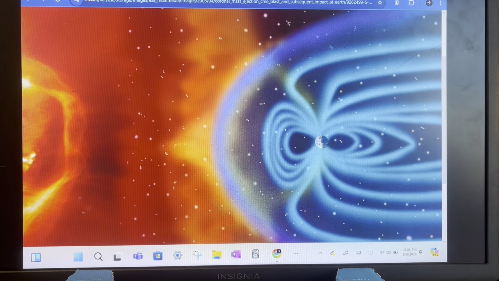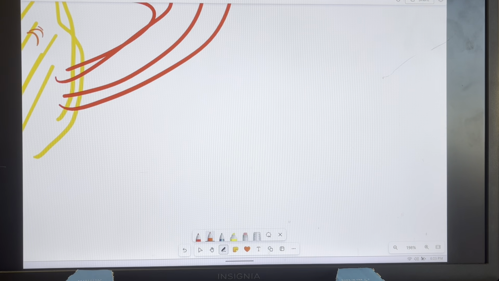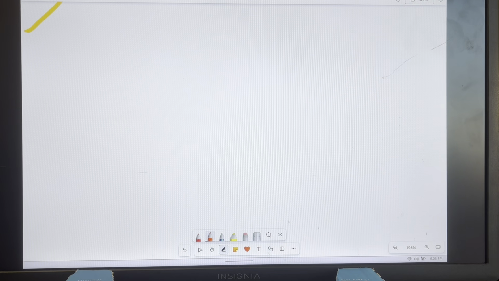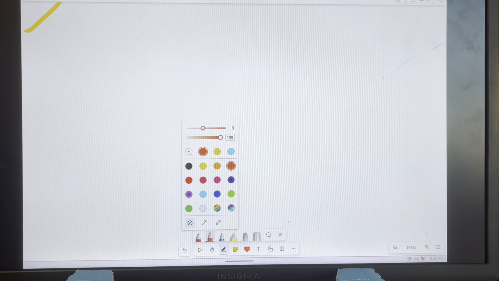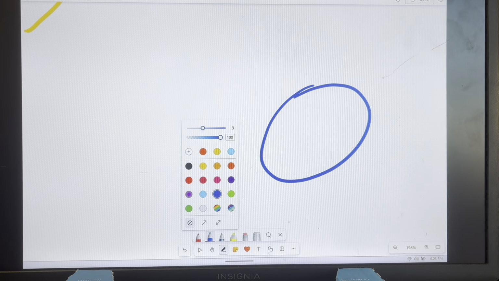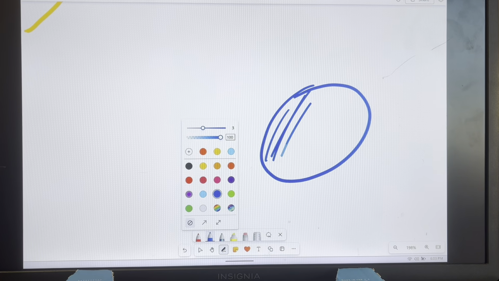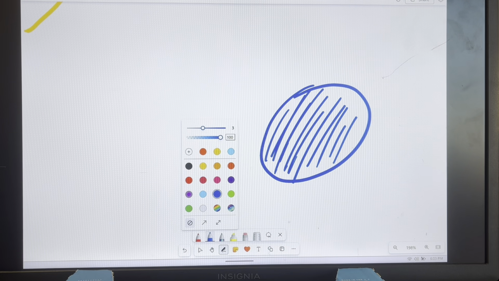Now, there's something I must explain before I really get deep into that graph. Okay, and let's get our Earth back.